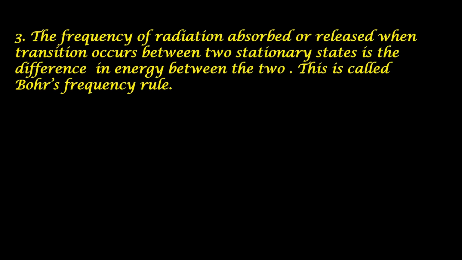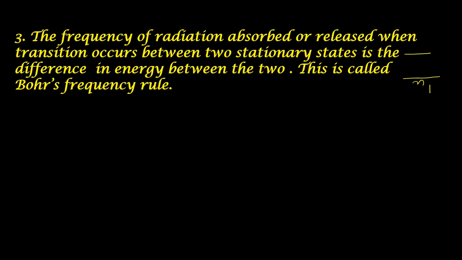Now the third postulate: the frequency of radiation absorbed or released when transition occurs between two stationary states is the difference in energy between the two stationary states. This is called Bohr's frequency rule. Let us take one example. Electrons are present in the energy level N1.